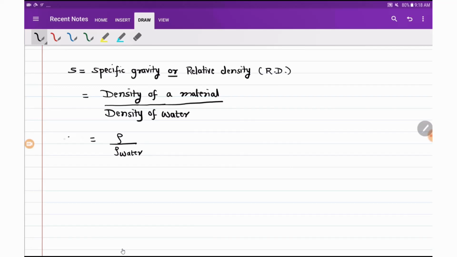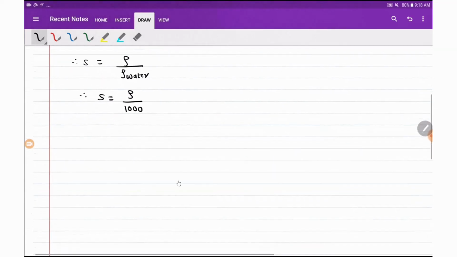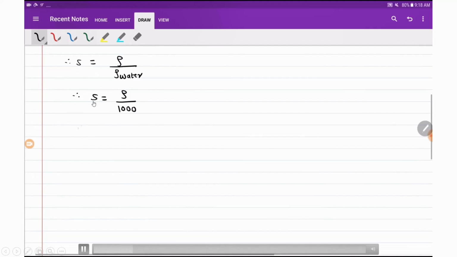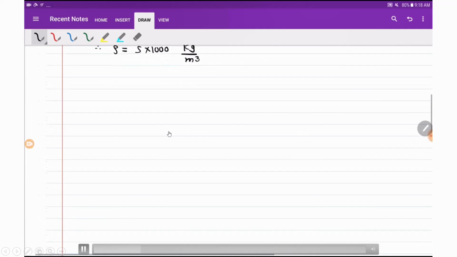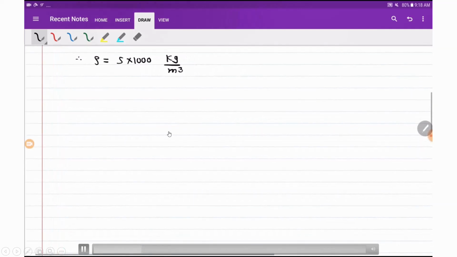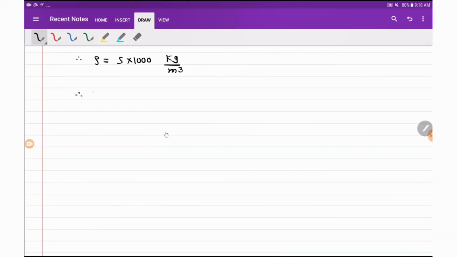We know that mass density of water is 1000, so it is rho upon 1000. So the relation between rho and S is that S will be equal to rho upon 1000. So rho will be equal to S multiplied by 1000. And this is mass density, so it is mass per unit volume, having unit of kg per meter cube.